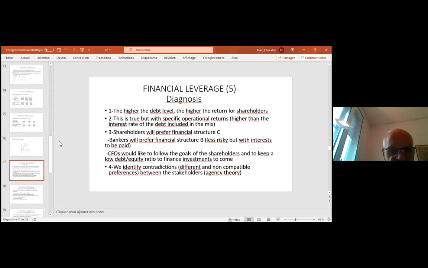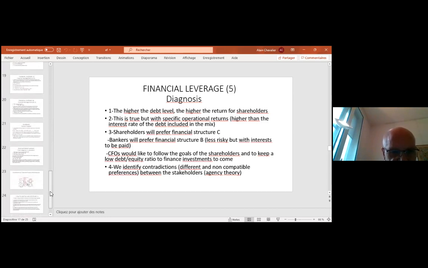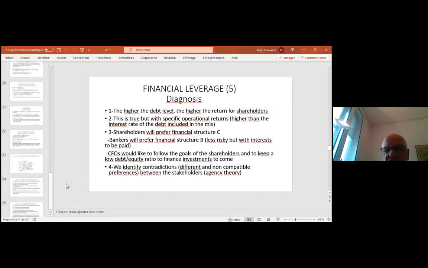We demonstrated there is one very specific point, an equilibrium point, where the return for shareholders is independent, not connected at all to the operational return.